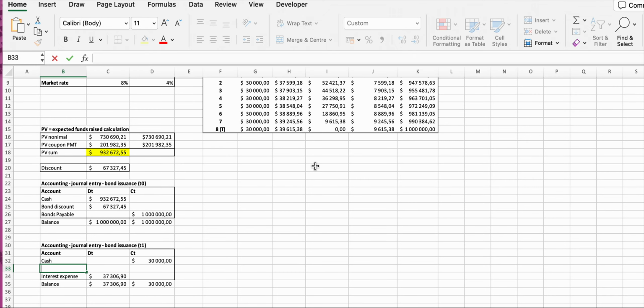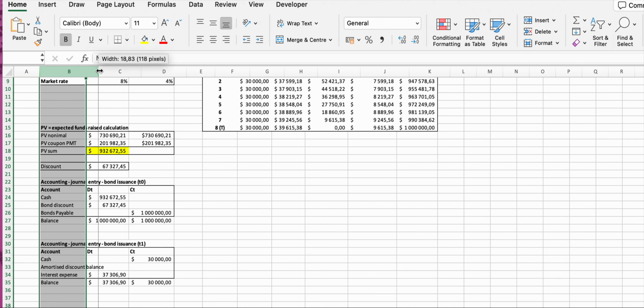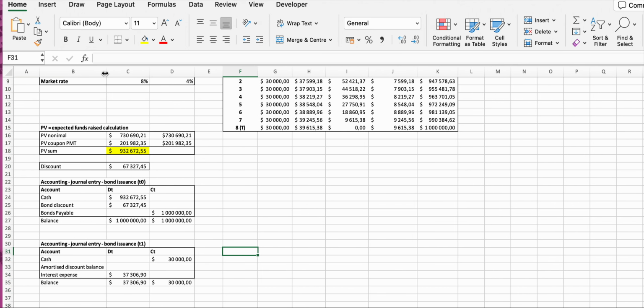Actually the actual entry would be a little complicated. We'll simplify it for our purposes, but the third account is the amortized discount balance. This is the amount by which we decrease the bond discount. The bond discount is a contra liability, and this is the amount that reduces the contra liability.